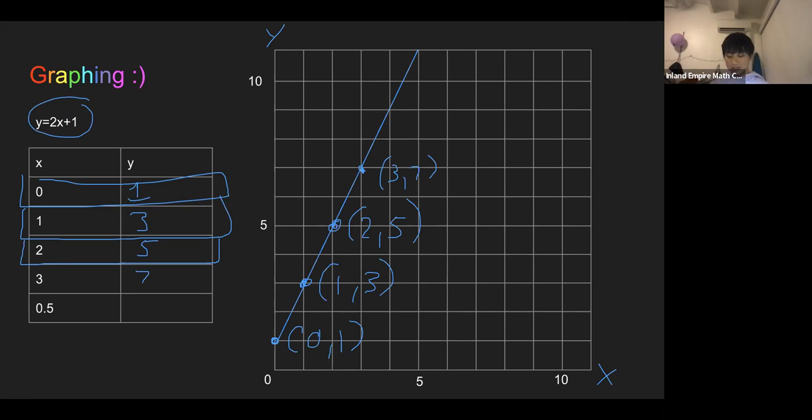And this is such a nice, concise way of describing all of these points, which go all the way to infinity, since x can literally be anything. So does this make sense to everybody?